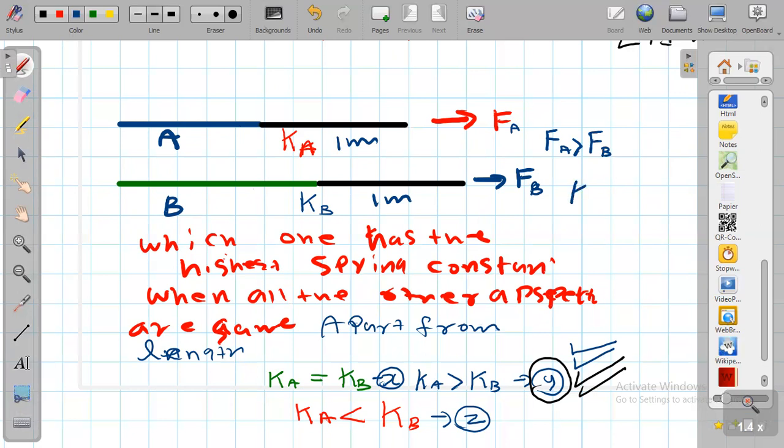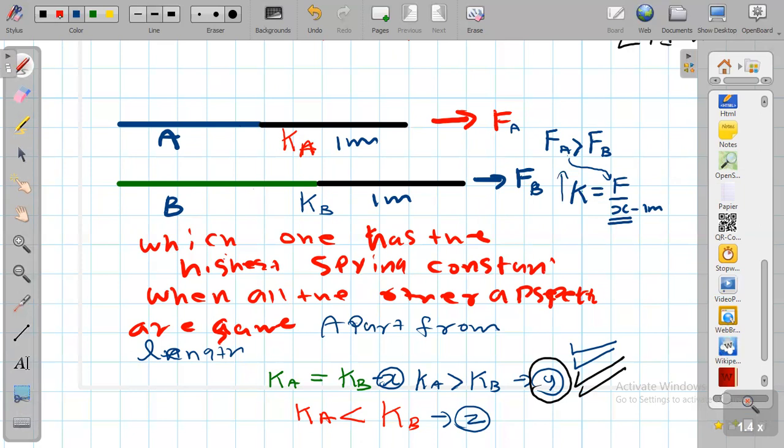Another thing: K equals force over extension. The extension is the same, because it is 1 meter, common for both. Now see here, when FA is greater, KA is also going to be greater.